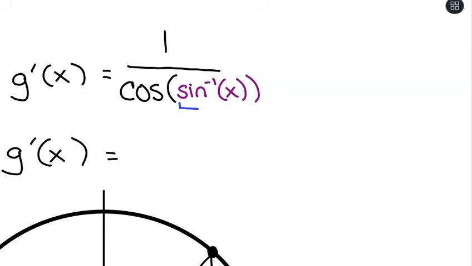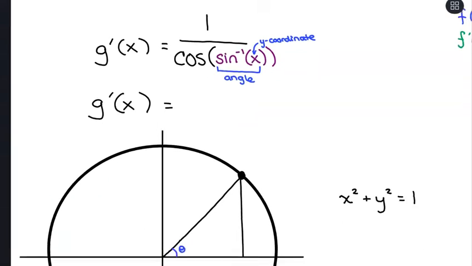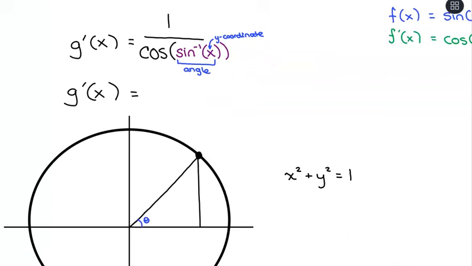So all of this is going to relate to an angle measurement, and what we're plugging in relates to a y coordinate. So let's say I have my unit circle down here. And we're going to go with we're landing in some spot in the first quadrant.